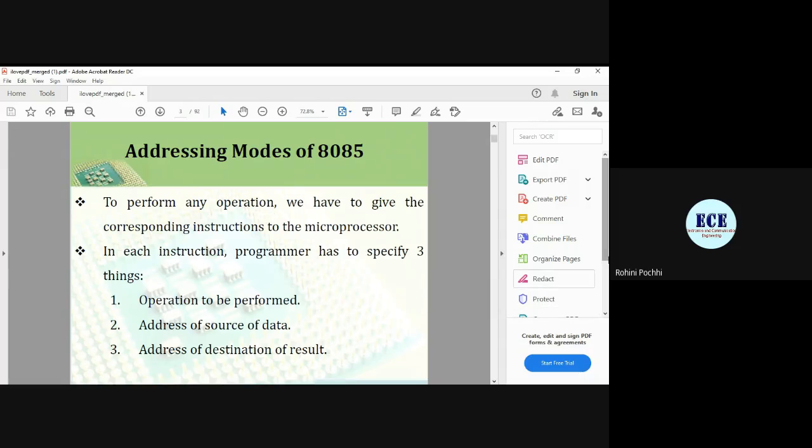In each instruction, the programmer has to specify three things: the operation to be performed, the address of the source of data, and the address of the destination of the result.